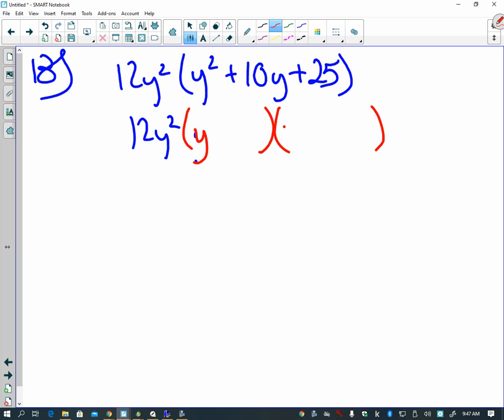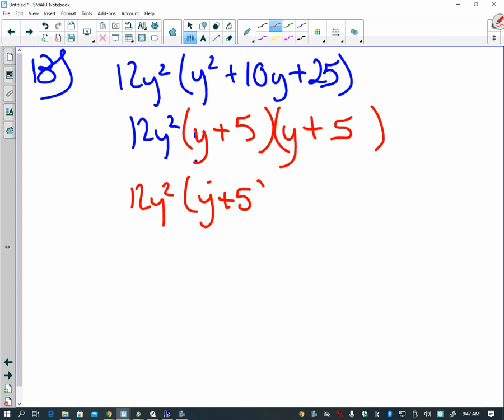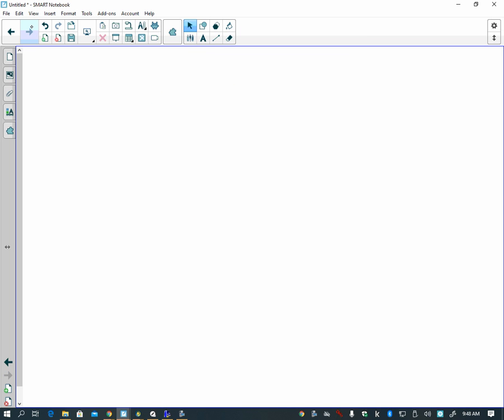So I got y plus 5 plus 5. Am I going to leave it like this? No. I would do y plus 5 squared. This is not simplified enough. I'd want this last one here. Okay, so we're familiar with that, looking at a number of different scenarios.